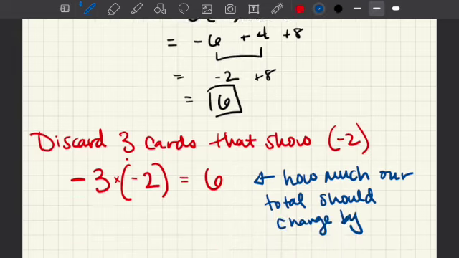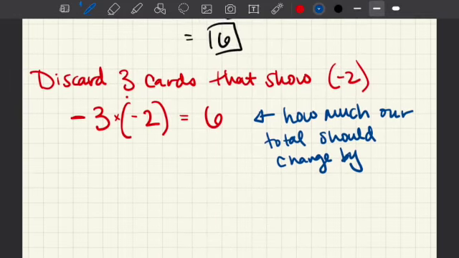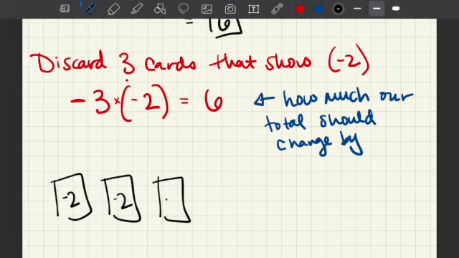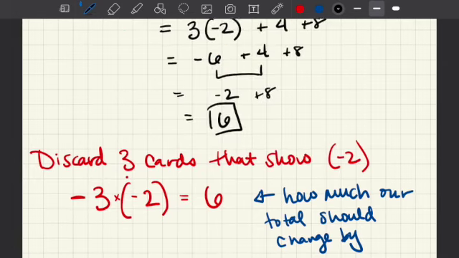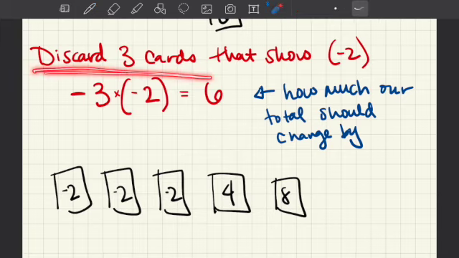So let's see. If we went back up, let me just draw them down here again. We have -2, -2, -2, what was it, 4 and 8. Okay, so if we're discarding, we're gonna discard these 3 cards that show -2.